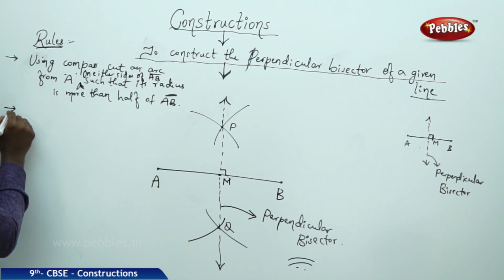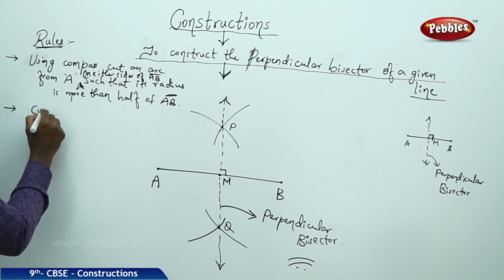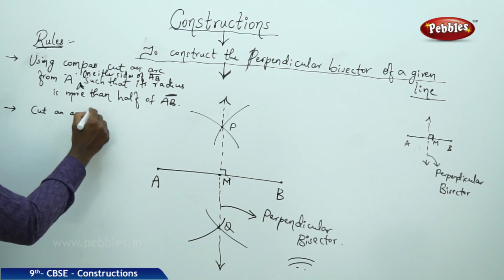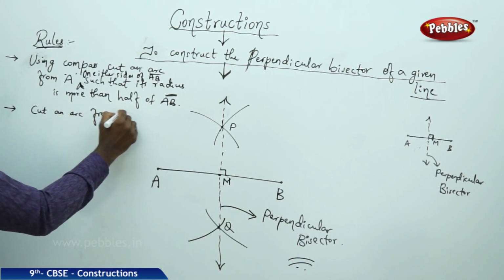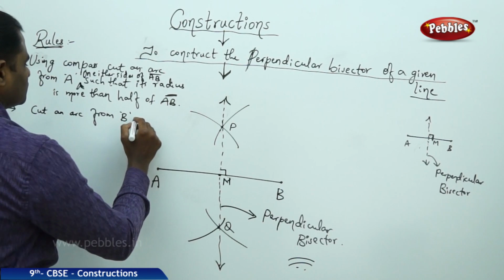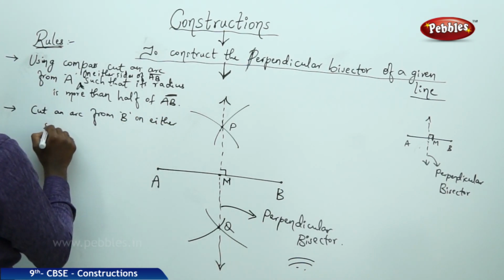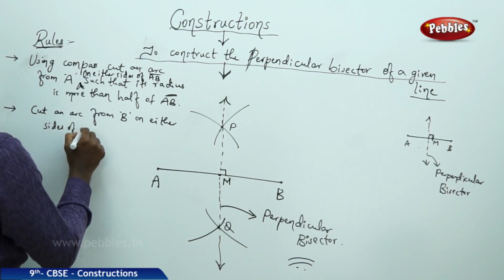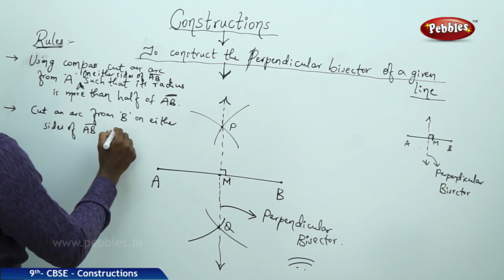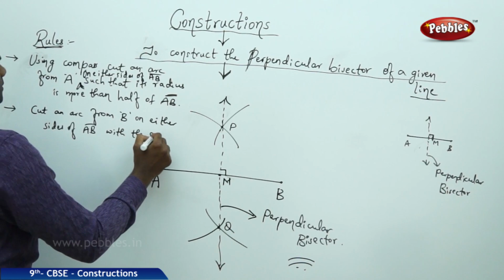Next, cut an arc from B on either side of AB with the same radius.